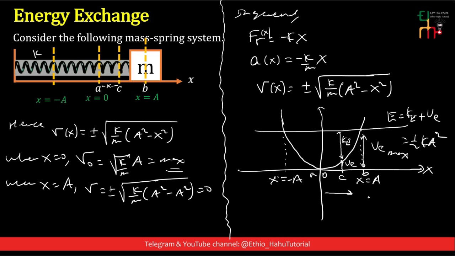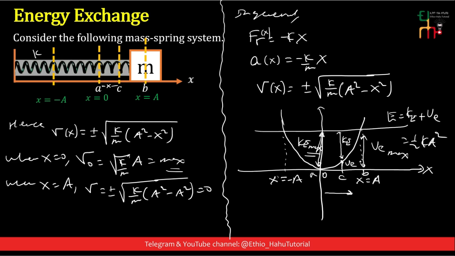But if one moves from point B to point A, from the highest point of oscillation to the lowest point of oscillation, this gap gets smaller and smaller, and the elastic potential energy gets smaller and smaller. In turn, the kinetic energy gap increases, and when it reaches the lowest point of oscillation, the kinetic energy gap is maximum. Therefore, at the lowest point of oscillation, the particle has maximum kinetic energy.